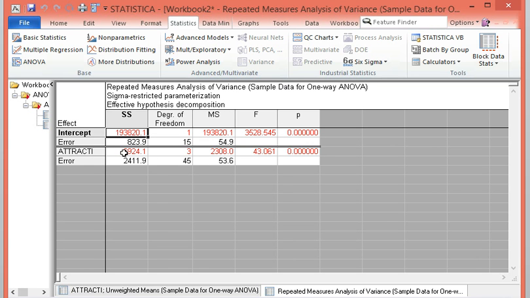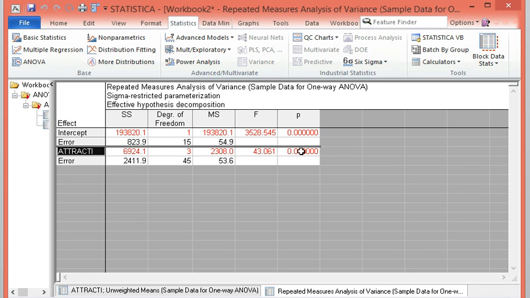Alright, so in this row, you can find whether or not the level of attractiveness has a significant impact on the social desirability ratings given to the photographs.